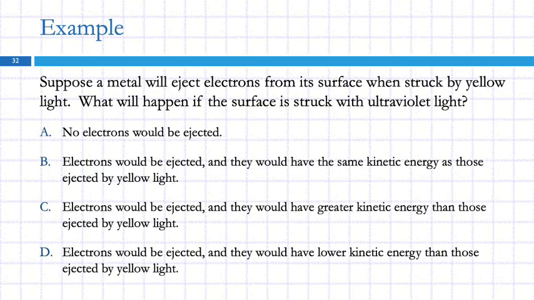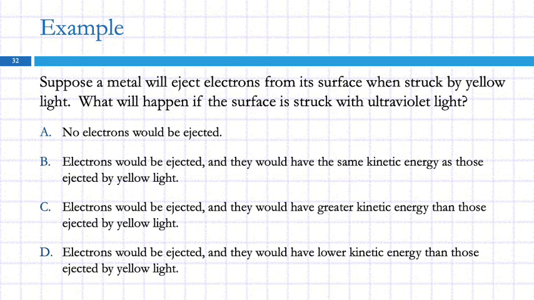Okay, back to the photoelectric effect. Suppose a metal will eject electrons from its surface when struck by yellow light. What will happen if the surface is struck with ultraviolet light? So we need to know which of these has more energy, right? Which of these is equivalent to more money trying to get into Disneyland?